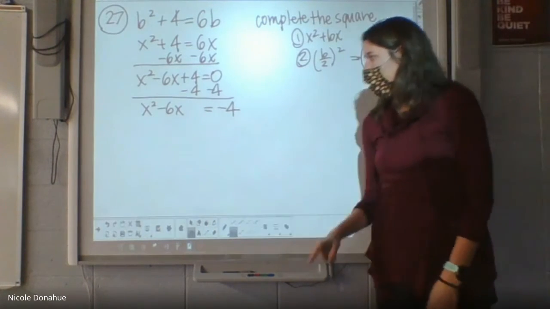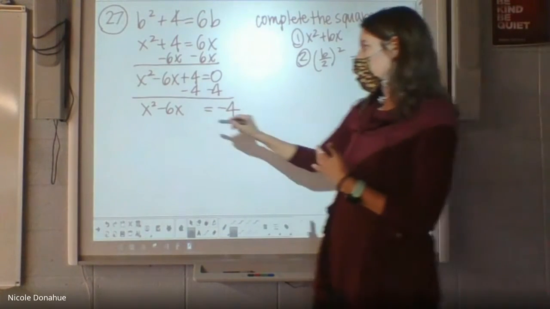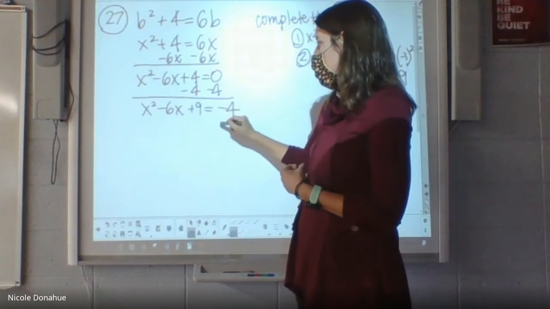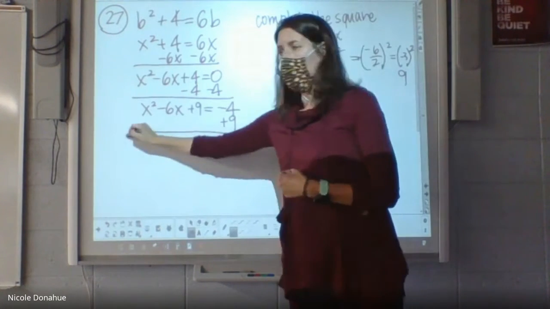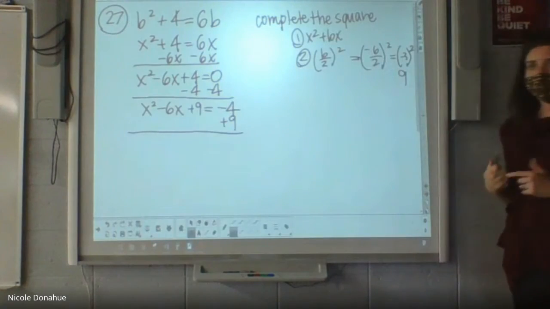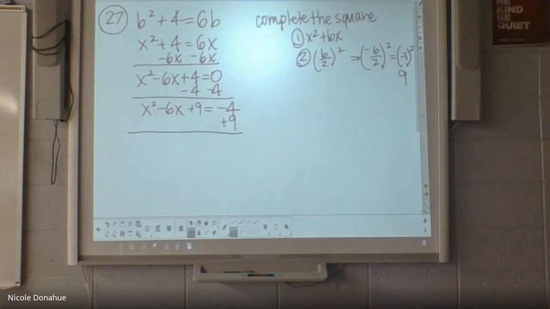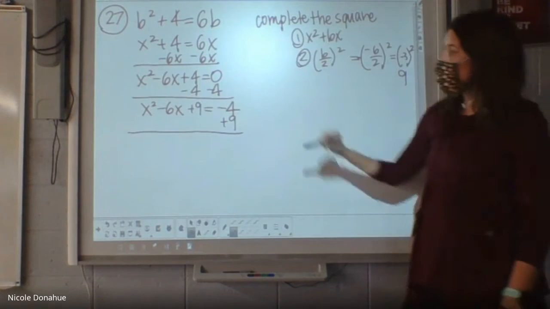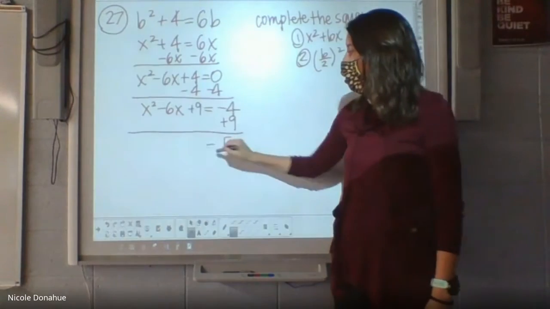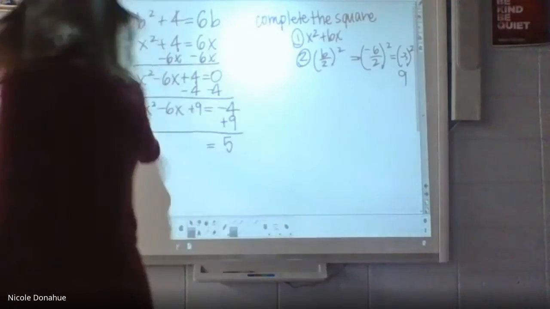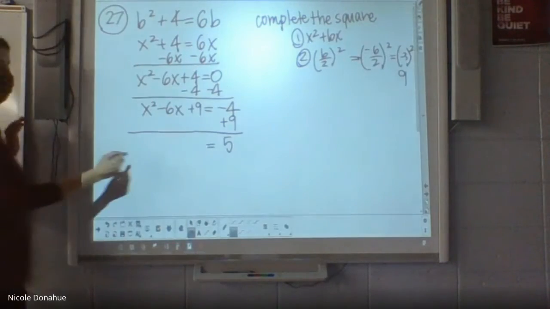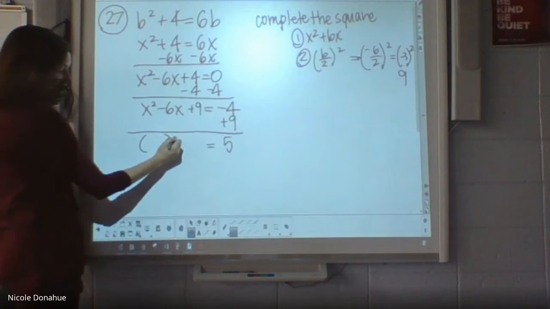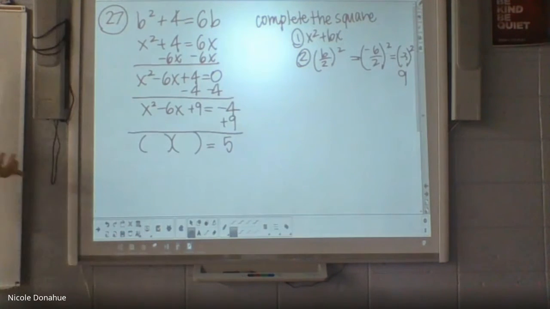That's going to get added to each side of the equal sign. I'm going to add 9 here, but if I do it there, I have to do it on this side as well. I'm adding 9 to each side. So over here, I'm left with 5. But this side should be factorable because I completed the square. And it's always going to be the same thing twice.